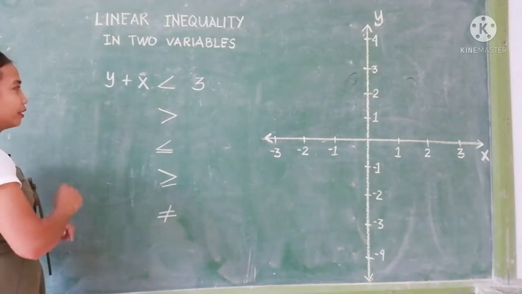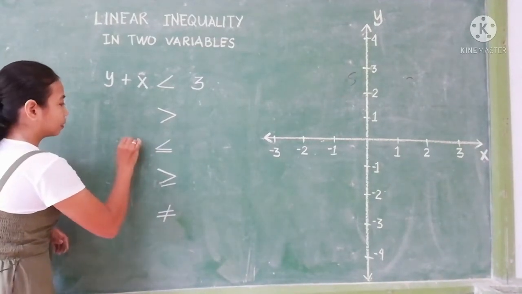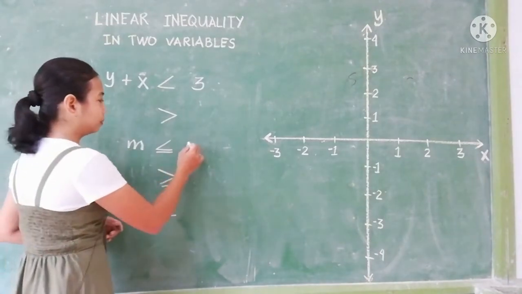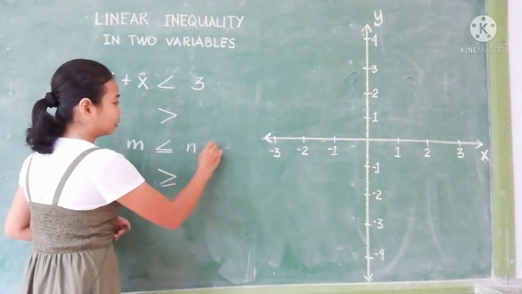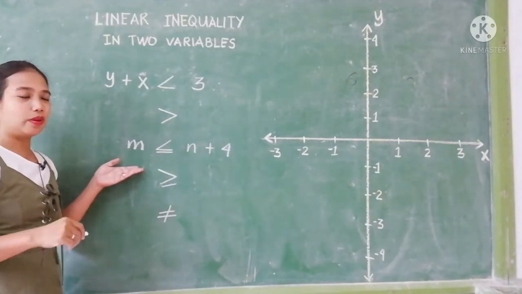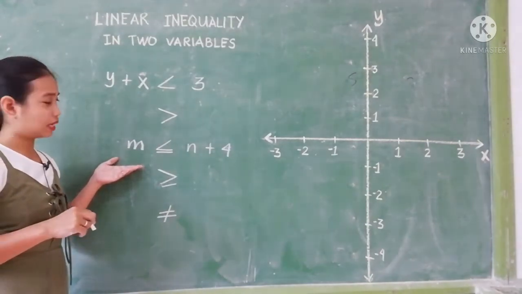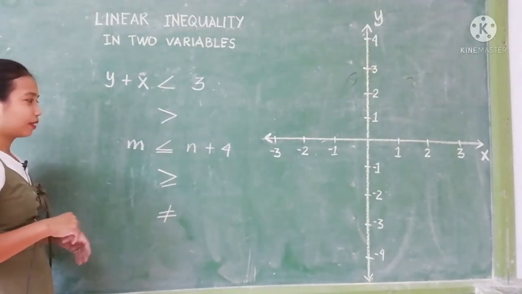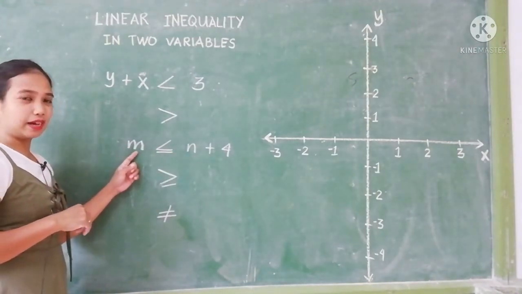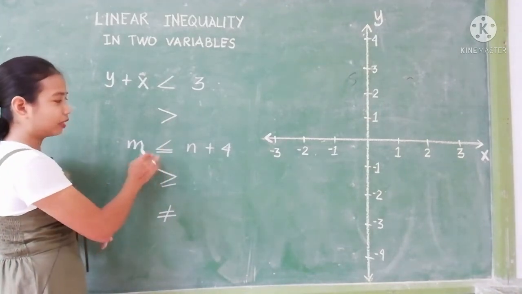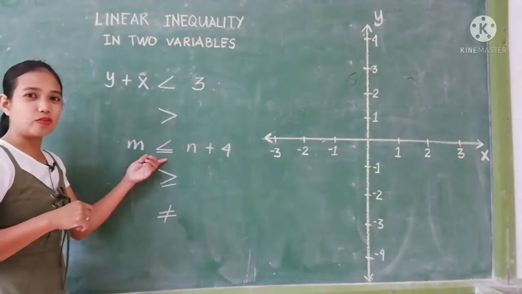Okay. Another example is m is less than or equal n plus 4. So, in this example, we have two variables, m at n. At ang kanilang highest exponent ay 1. At gumagamit ng symbol na less than or equal.